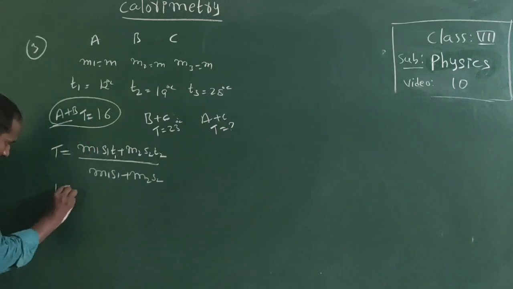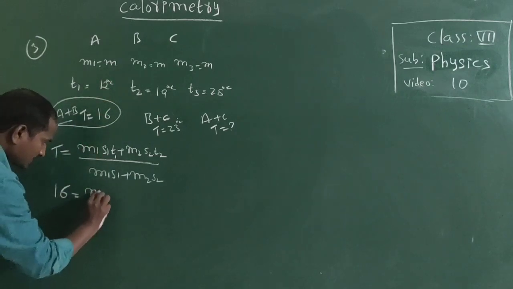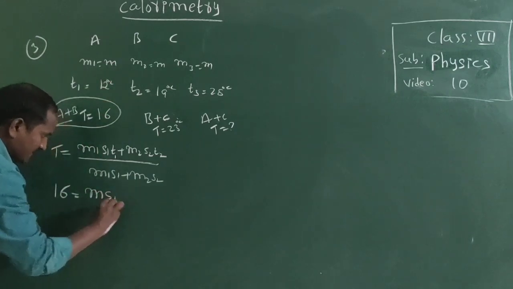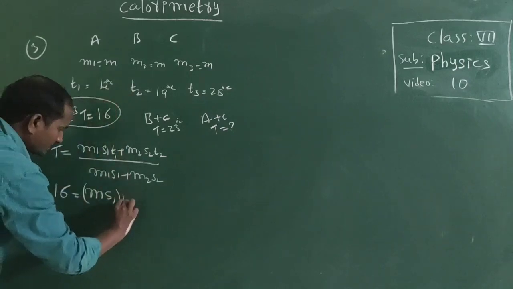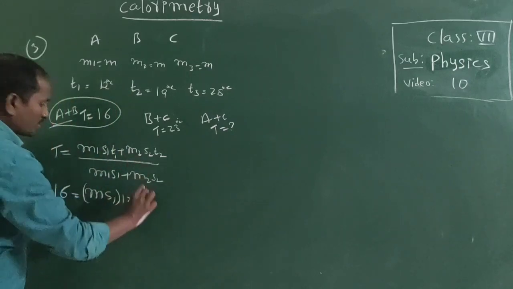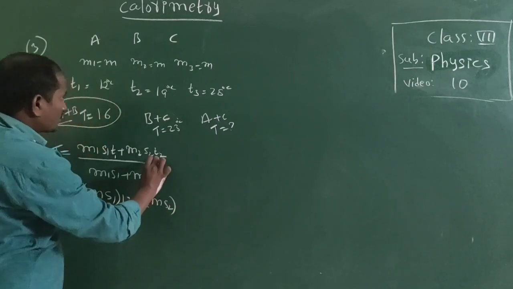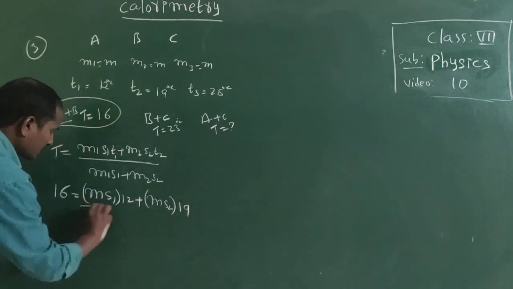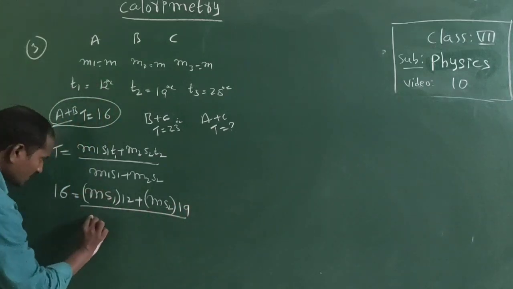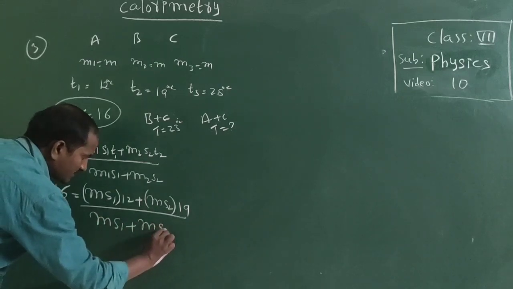So 16 equal to M into S1 into T1, that is 12, plus M into S2 into T2, that is 19, by M into S1 plus M into S2.